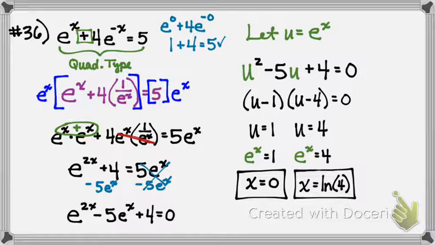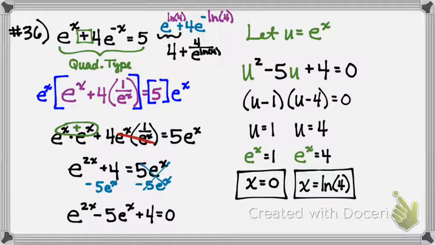If I take the natural log of 4 and substitute it in, e to the ln 4 plus 4 e to the negative ln 4, what's going to happen right here? 4, plus I could rewrite this as 4 over e to the ln 4, right?